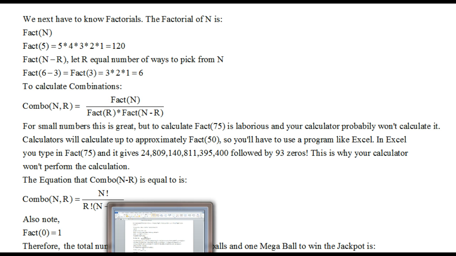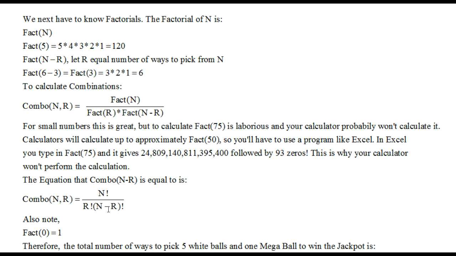So what this equation means is, let's say we have a set of n numbers from 1 through 75, and r is the set of numbers we have to pick from n. What this combo equation says is, if you plug in those numbers, n and r, it will give you the number of combinations that are available to you to pick from.